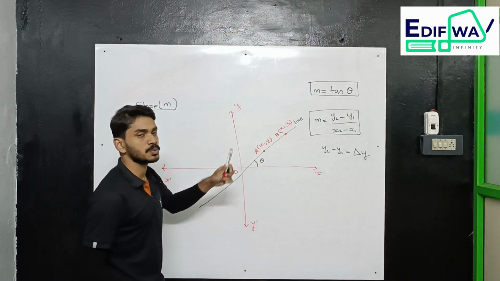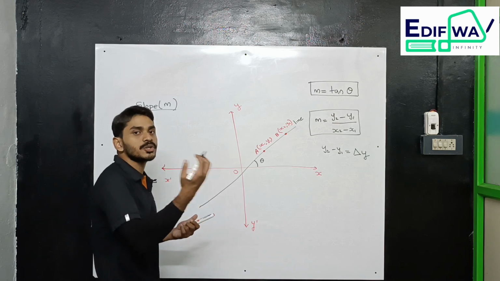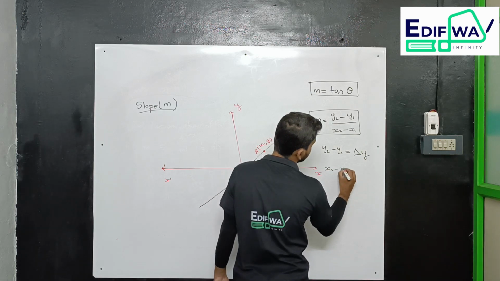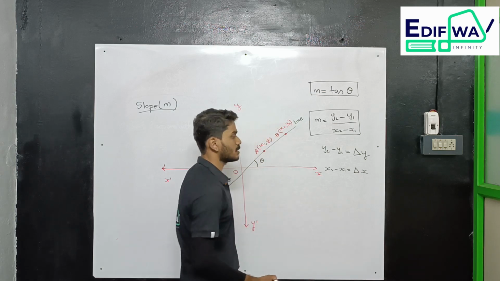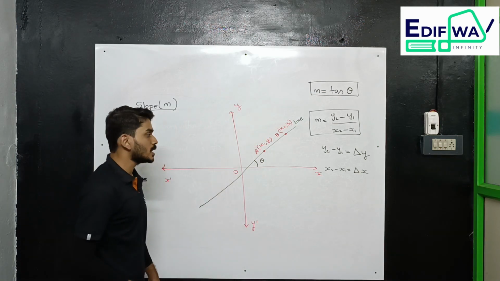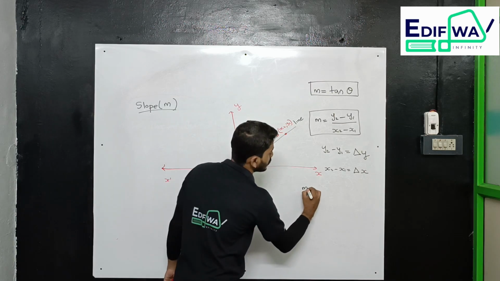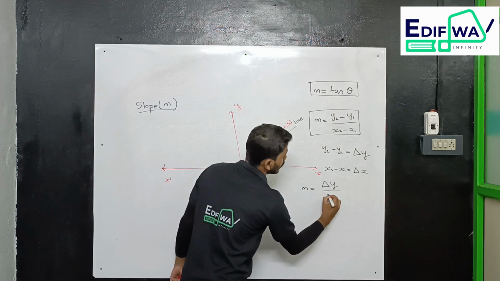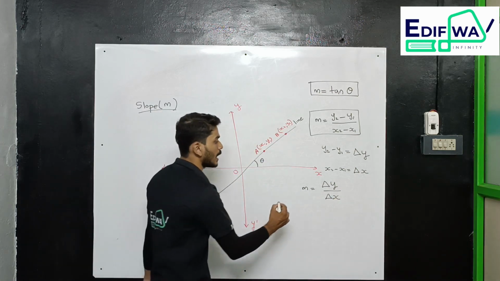And x2 minus x1 will be the change in the x coordinate, right? Then how can you find the slope M? Yes, the slope M can be delta y by delta x.